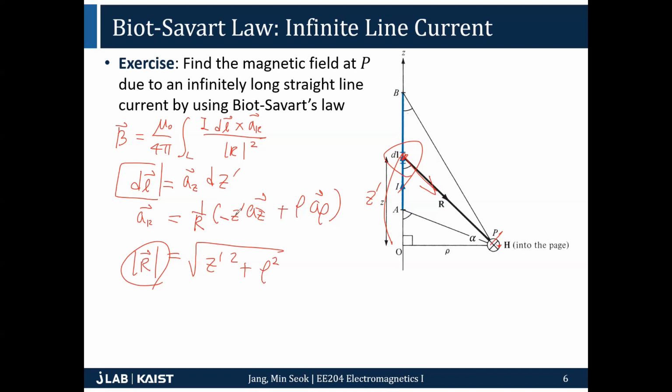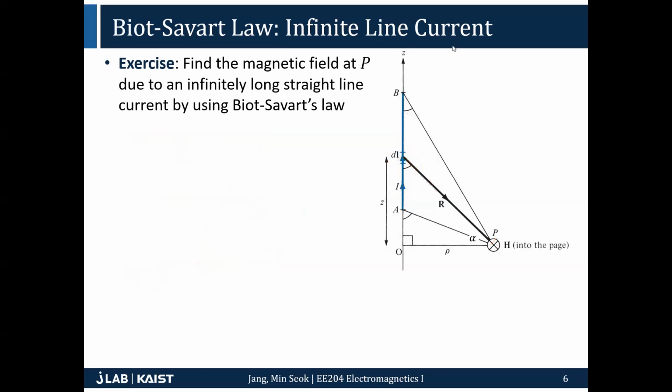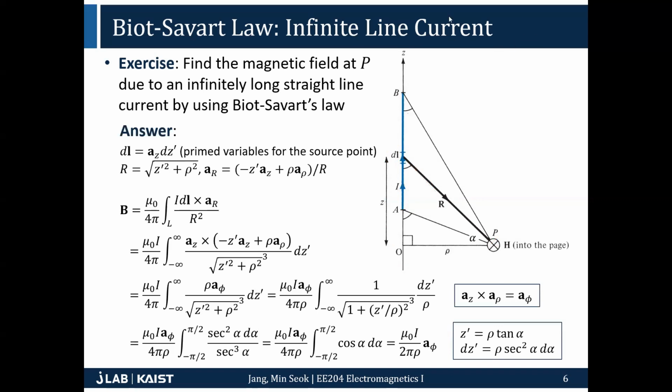So this is a_R vector, dl, and R. As we did in our previous Coulomb's law applications, this is it. Okay, now you plug these into the equations. You get this.